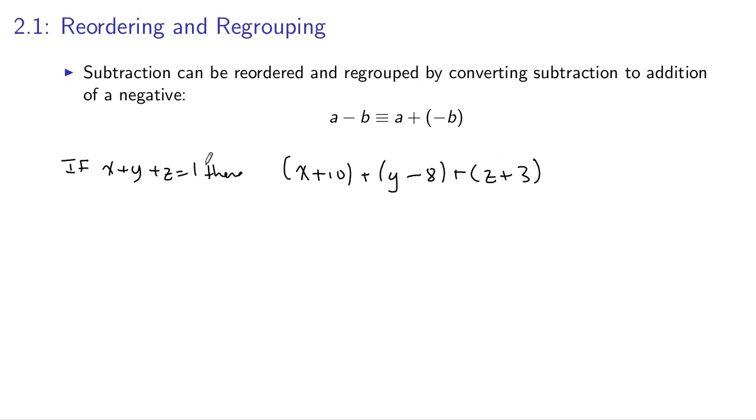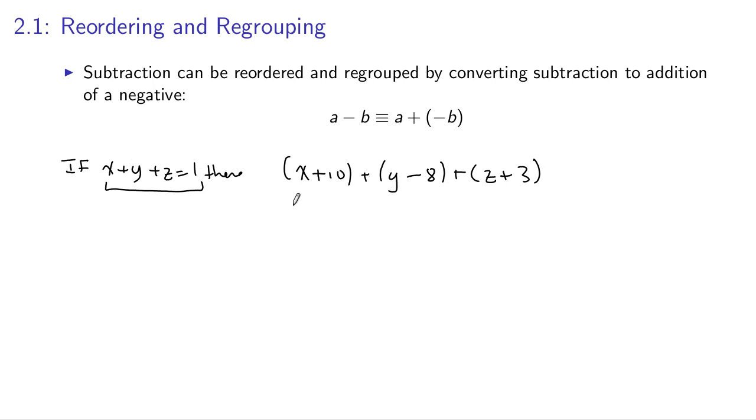So at first this doesn't look possible. We don't have x plus y plus z in this expression. But by reordering and regrouping, we should be able to create a sum of x, y, and z, which we can then use this definition to substitute 1 for x plus y plus z.